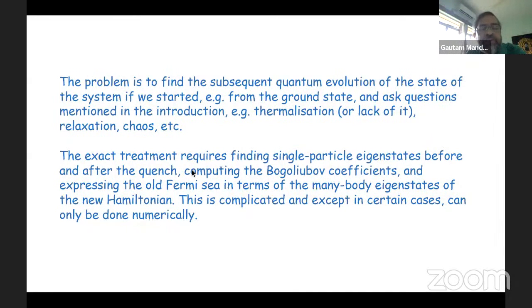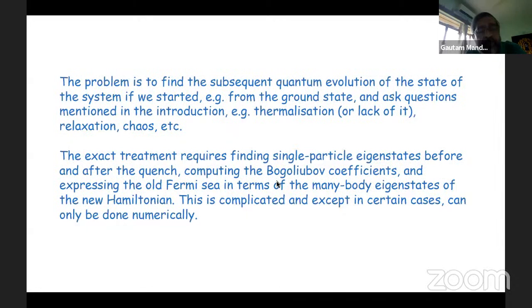After the quench, if it is a sudden quench with infinitesimal width of the time variation, or even otherwise, the fermion modes after the quench and the fermion modes before the quench are related by some Bogoliubov transformations. So apply the Bogoliubov transformations to the old Fermi sea, and you get the new state, some excited state of the new Hamiltonian.